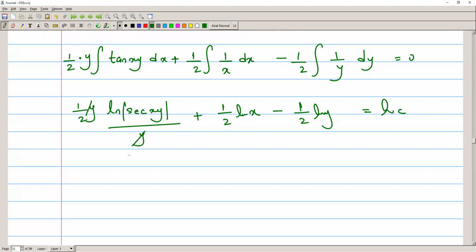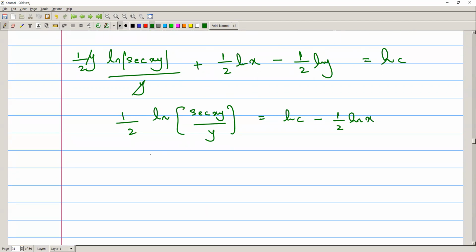So this y will cancel out and we have 1 over 2 common, and then we can write ln sec xy minus ln y, meaning ln sec xy over y, and this will be ln c minus 1 over 2 ln x. So we can write it in this way.